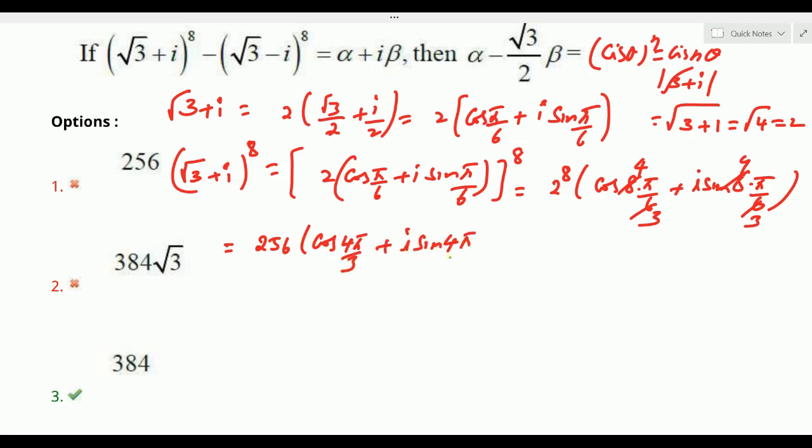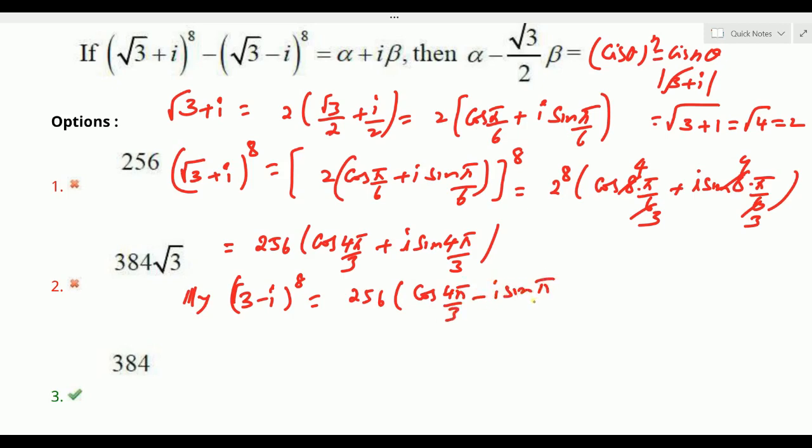Okay, this is root 3 plus I whole power 8. Similarly, what is root 3 minus I whole power 8? Same terms, only in place of the plus we can take the minus. Ante then ala తీసుకుంటాం 256 of cos 4 pi by 3 minus I sin 4 pi by 3 తీసుకోవాలి. Okay na? Pi by 3 or 4 pi by 3.